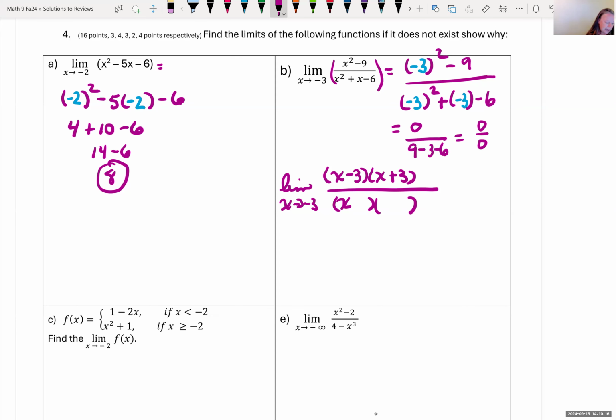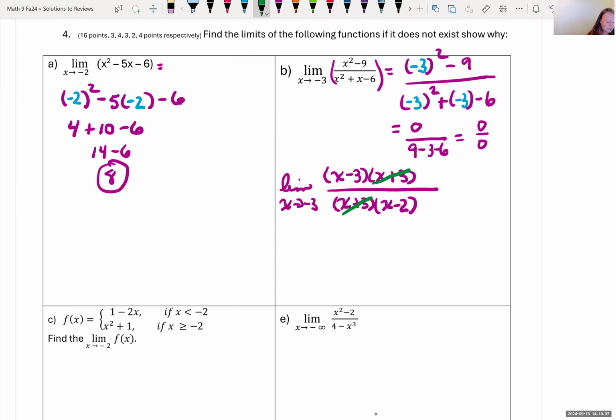And that would be a positive 3 and a negative 2. And so the denominator factors as the quantity x plus 3 times the quantity x minus 2. So notice that we have like factors in our numerator and denominator, and we can cancel those out. So x plus 3's cancel.